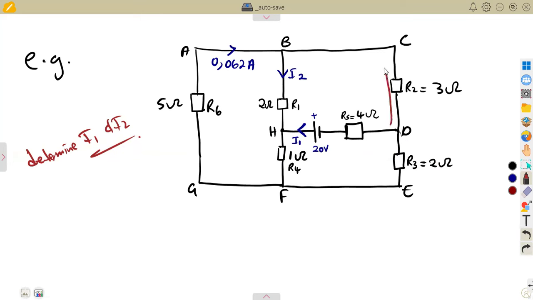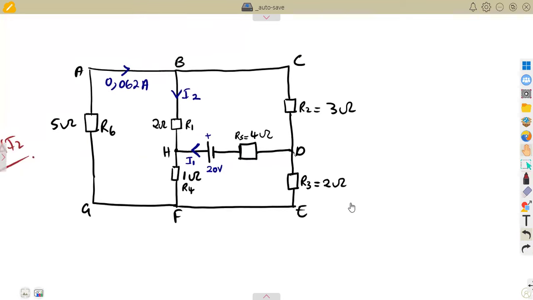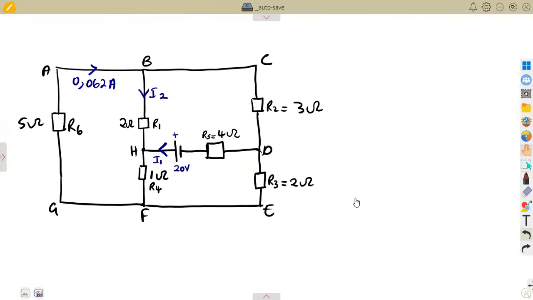From D to C to B, we do not have a current. So the first thing when you are given a circuit like this is to observe your currents properly and start naming each one in each branch that you are given.